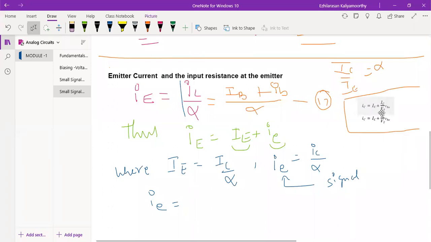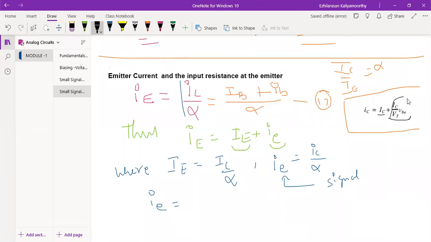Yes, see, this is the expression. We studied this expression previously, where small IC is equal to capital IC plus IC by VT into VBE, where this is a DC quantity and this will be your small signal quantity. That is why we take only this quantity here. So small IE will be IC by VT into VBE divided by alpha.